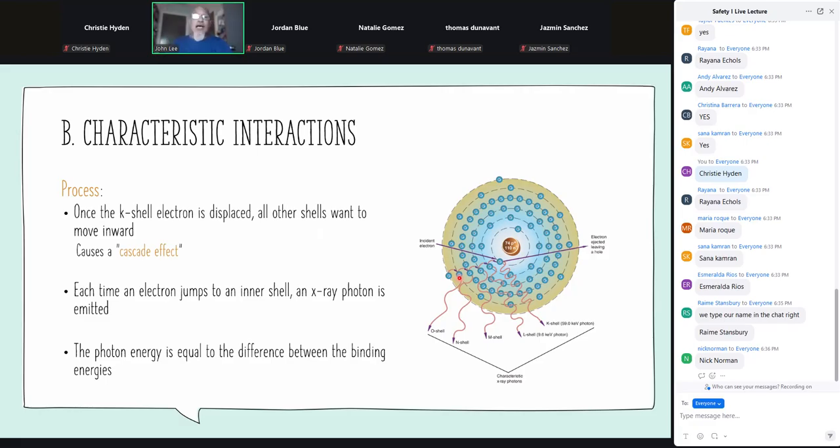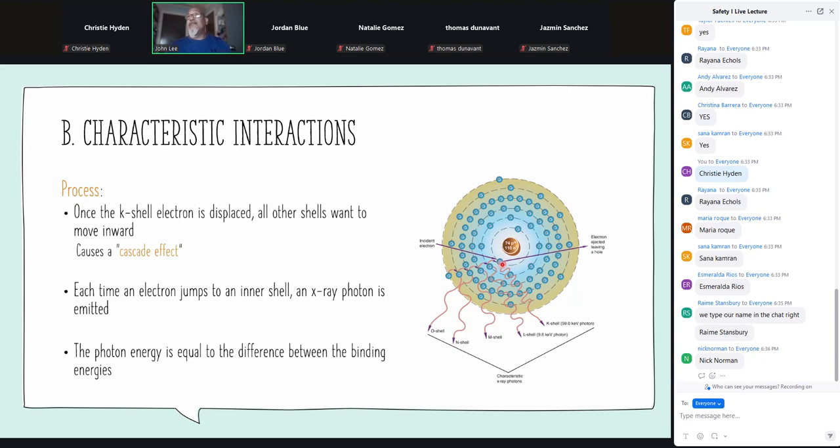This is the reason why characteristic X-rays, on average, we say that they are of 69 keV. Characteristic X-rays in the diagnostic range are at 69 keV because the binding energy for an L shell is 12.